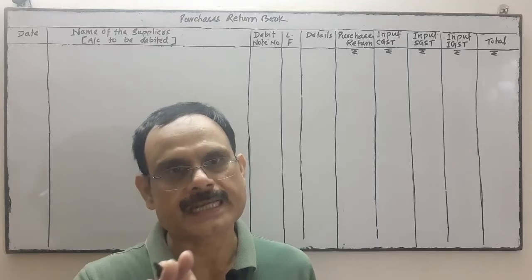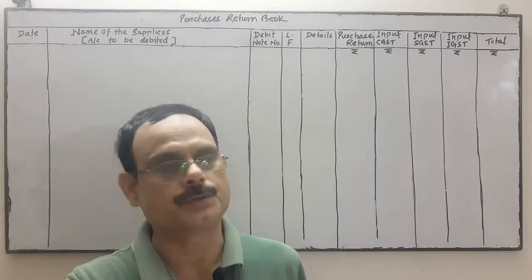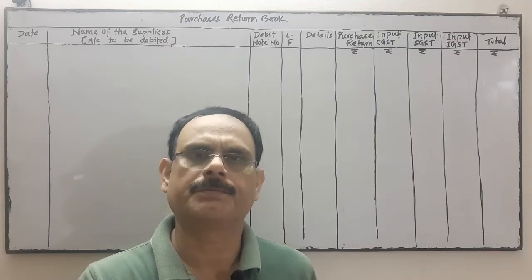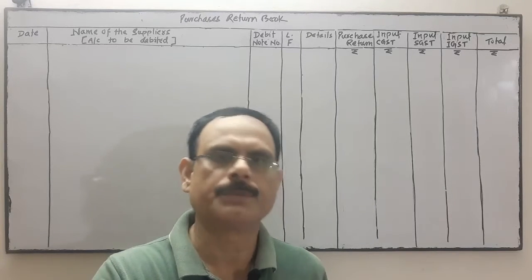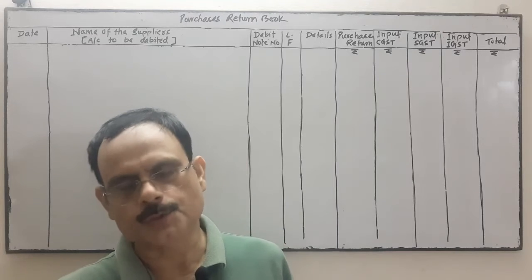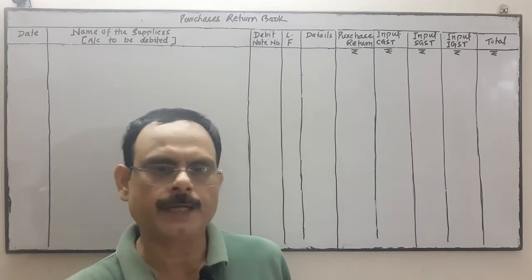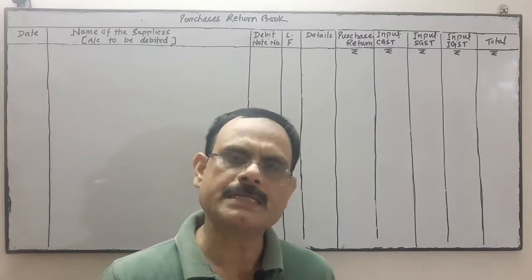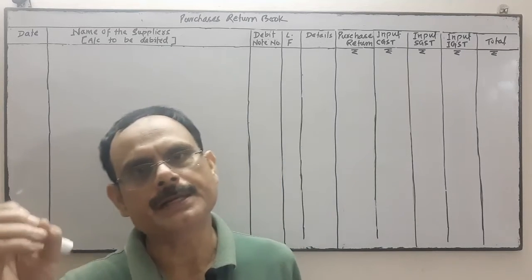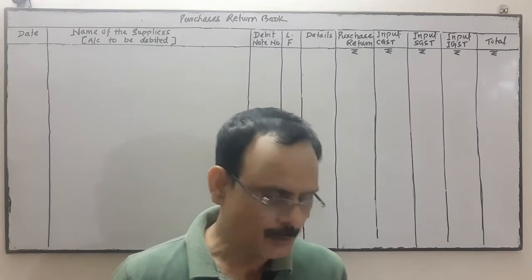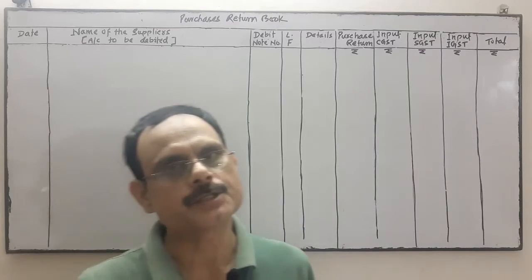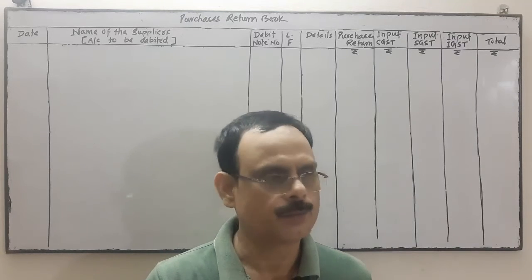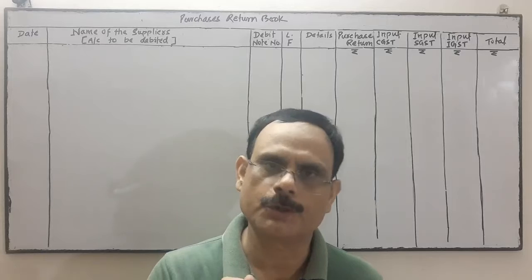Goods which were purchased on credit, if the same goods are returned for any reason, such as the goods being defective, not as per sample, the price being overcharged, or the goods being delivered late, whatever the reason may be, are recorded in the purchase return book, which is also known as the return outward book.